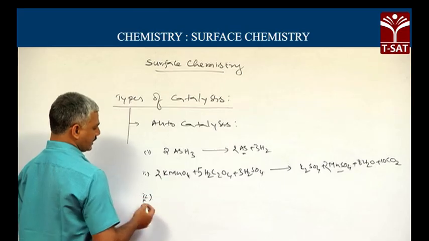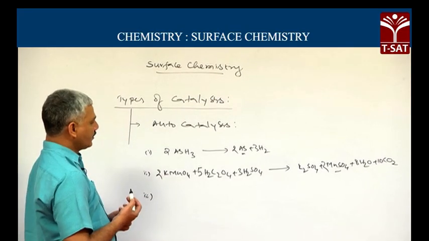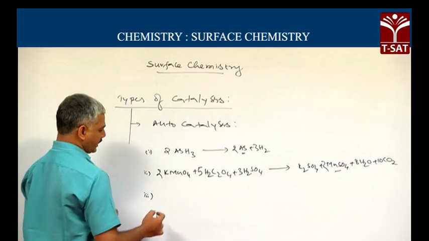One more such example is the oxidation of Mohr's salt by potassium permanganate.